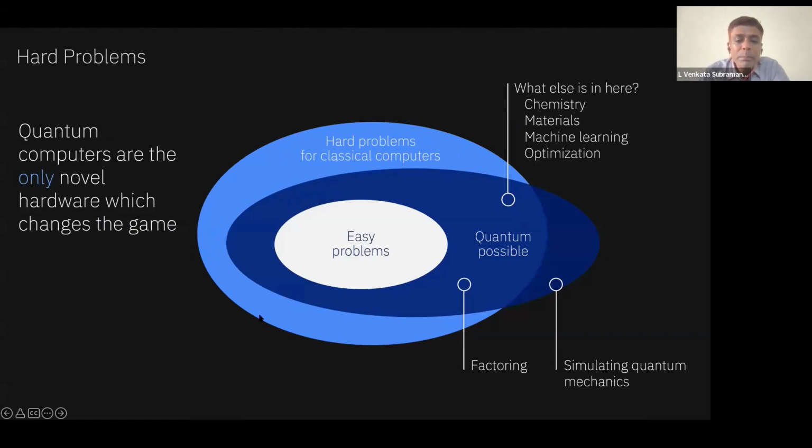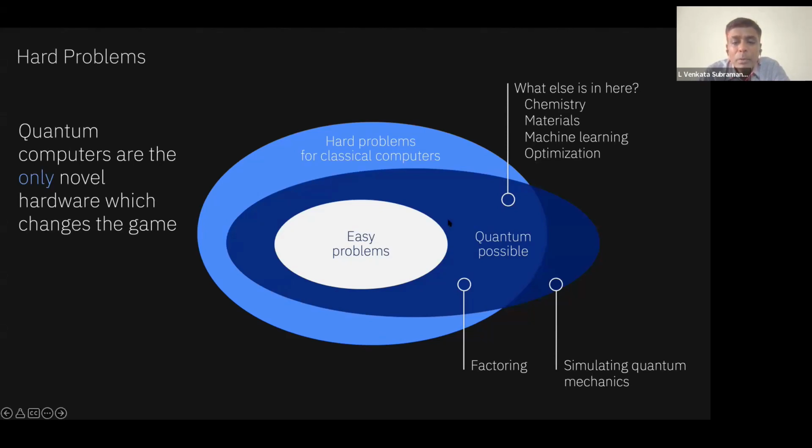So this blue oval here is the classical computers, and then there are easy problems for classical computers, things like multiplication, things like this video conferencing that we are doing, my voice traveling over this channel. All of these are things that classical computers are able to do very well, in a much easier fashion.